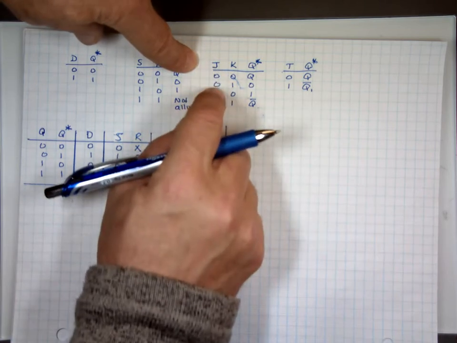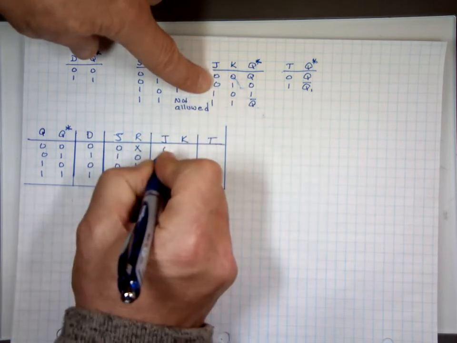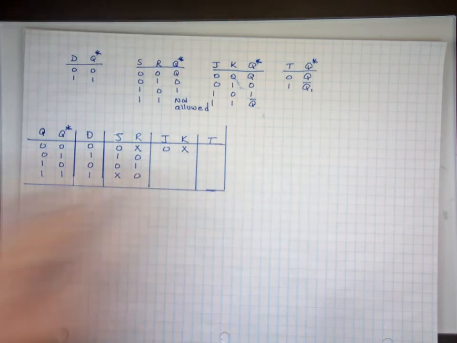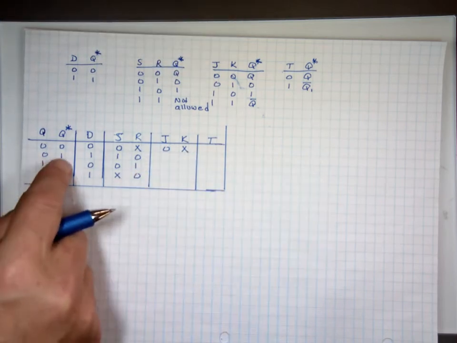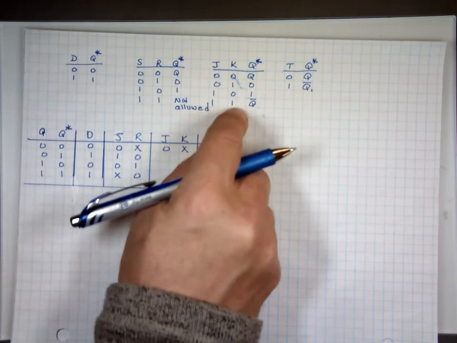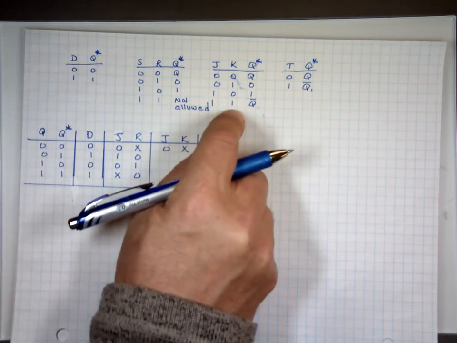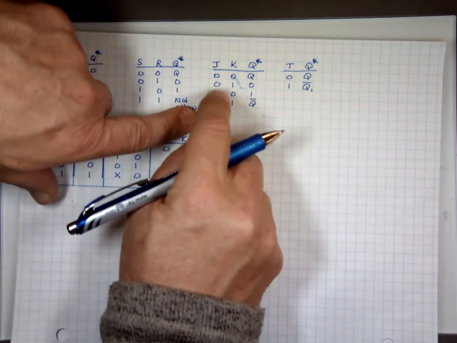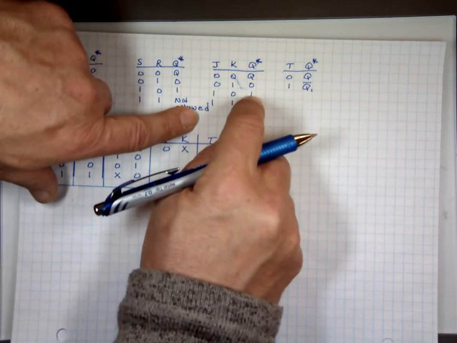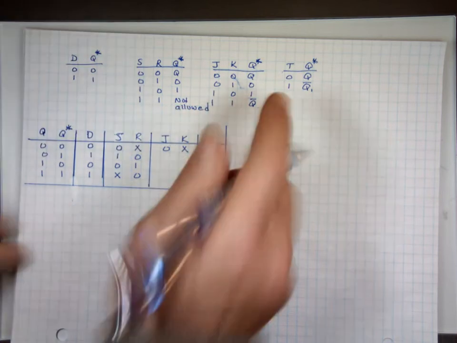So J has to be 0 and K don't care. 0 to 1, that's a complement. I can do that if I put 1, 1. It complements that. See it? Or if I put what? 1, 0. If I put 1, 0, it's going to make the next state 1. So as long as J is 1, K don't care.